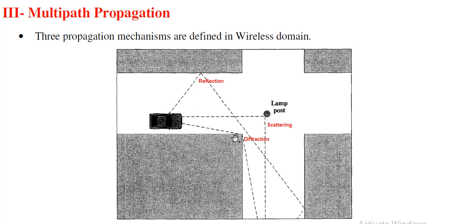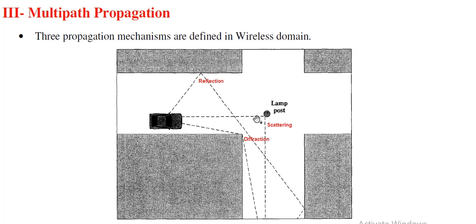The second one is diffraction, which means that when the signal hits an edge of an object, it will get around the object and will change direction to go with the contour of this object. And we have the third phenomenon, which is scattering, which means that the signal will hit something that scatters or divides the signal into small or weaker signals and will get scattered away.